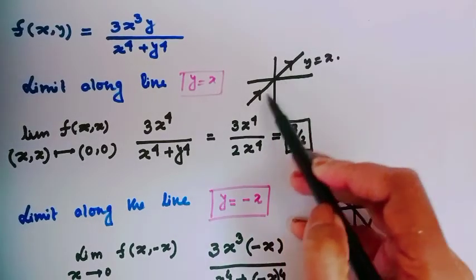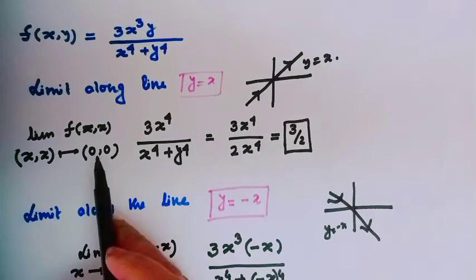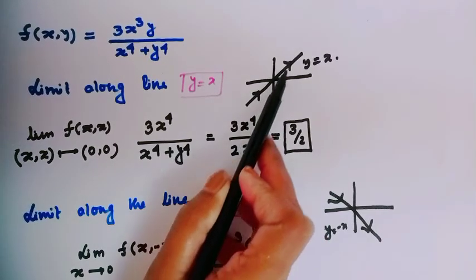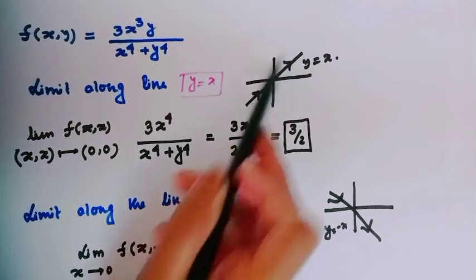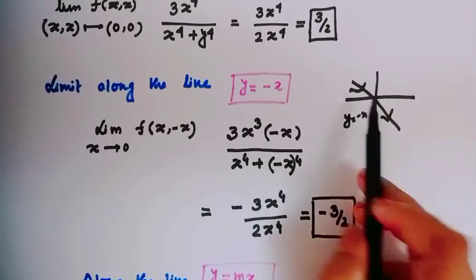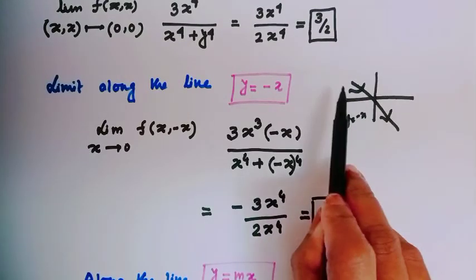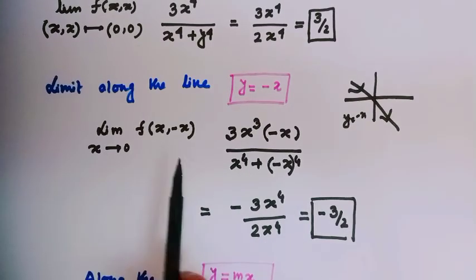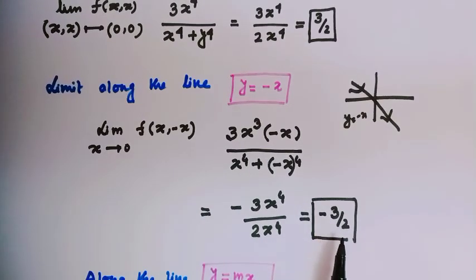And why do I consider y equal to minus x? Because the limit goes to (0,0). That means this path goes along to the (0,0) point. Similarly, this path also goes along to the (0,0) point. Then the limiting value will be minus 3/2.